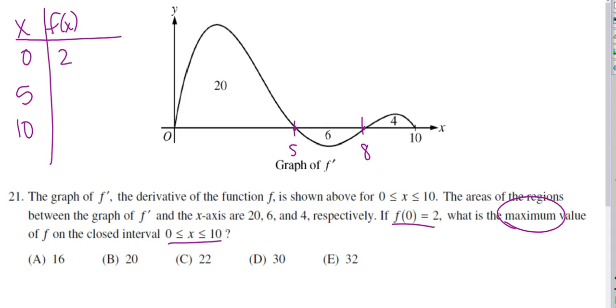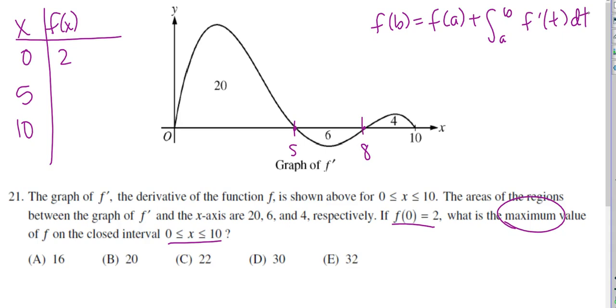Okay, and here's what I want you to do. I want you to think FTC rearranged, because you're given one function value, asked to find another. All right, so FTC rearranged says f of b equals, write this for me, f of a plus the integral from a to b of f prime, I'm going to do this t dt. Okay, so what we want to know is like f of 5 and f of 10.